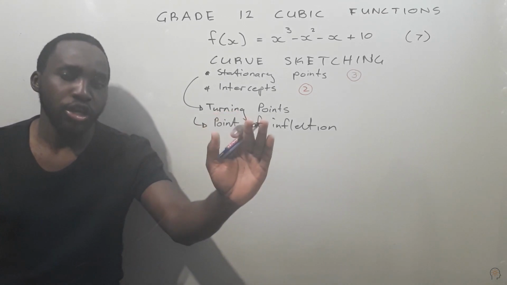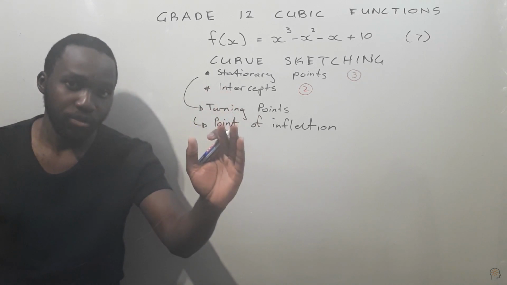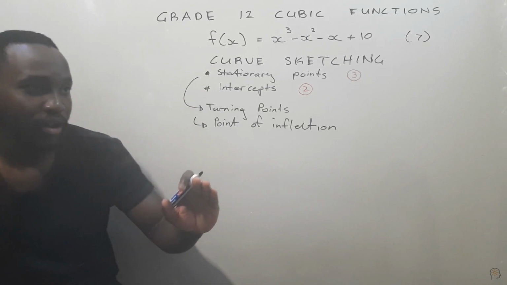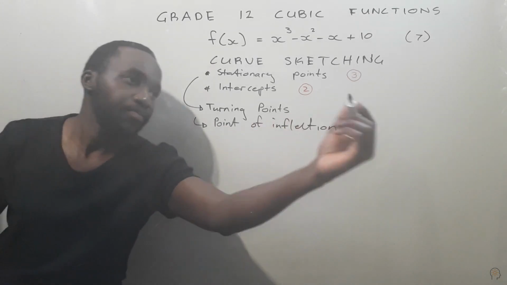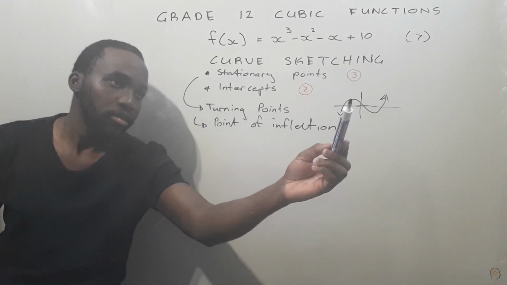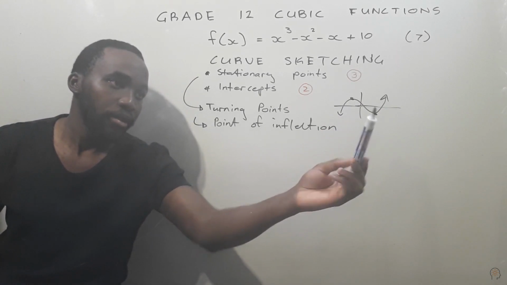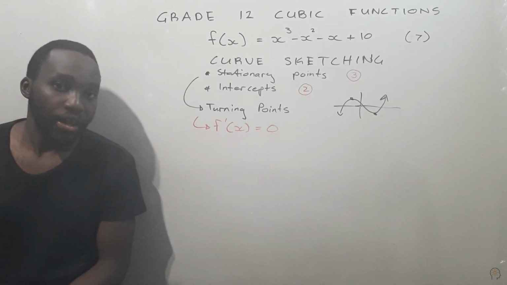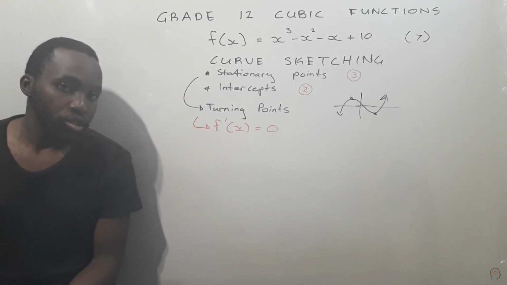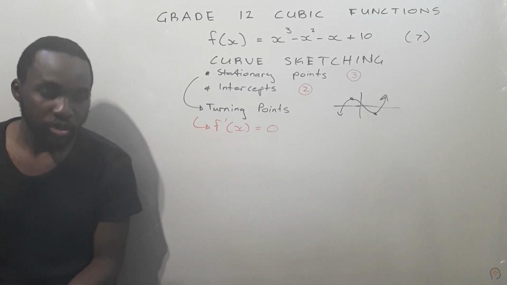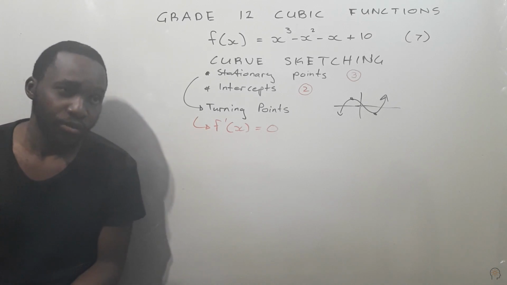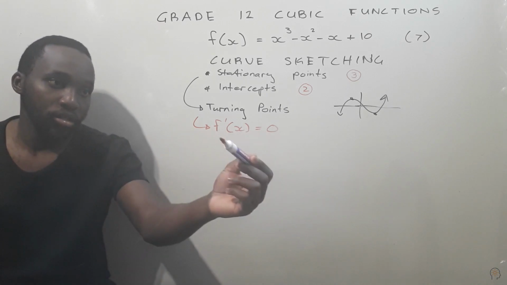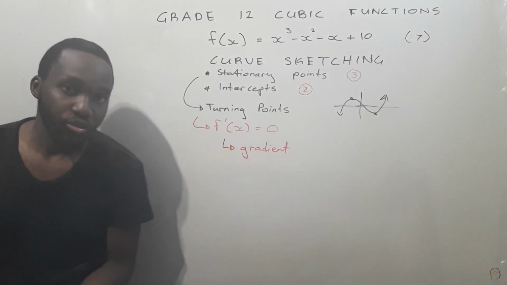Whenever you need to get turning points, this is one key thing you always want to remember about all cubic graphs, or turning points in general. When we refer to turning points, we're talking about the value up there and the value down there. The one key thing about all turning points is that the gradient at all turning points will always be equal to 0. From the past few tutorials on differential calculus, anytime you see this symbol, it means gradient.